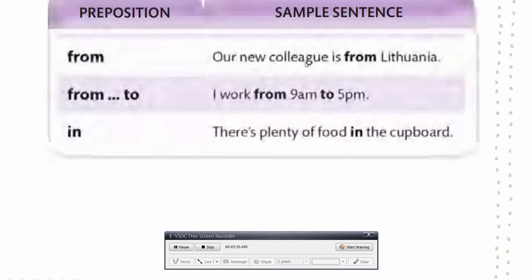From. Our new colleague is from Ludhiana. From and to. I work from 9 a.m. to 5 p.m. In. There is plenty of food in the cupboard.